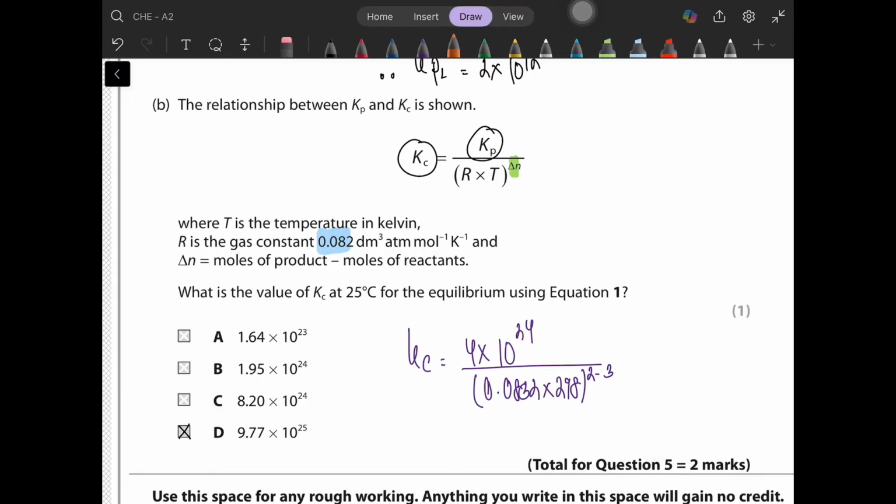So here we have the temperature in Kelvin, and the gas constant R is given over here, and we know the equation for the Kp value for the first equation is this.